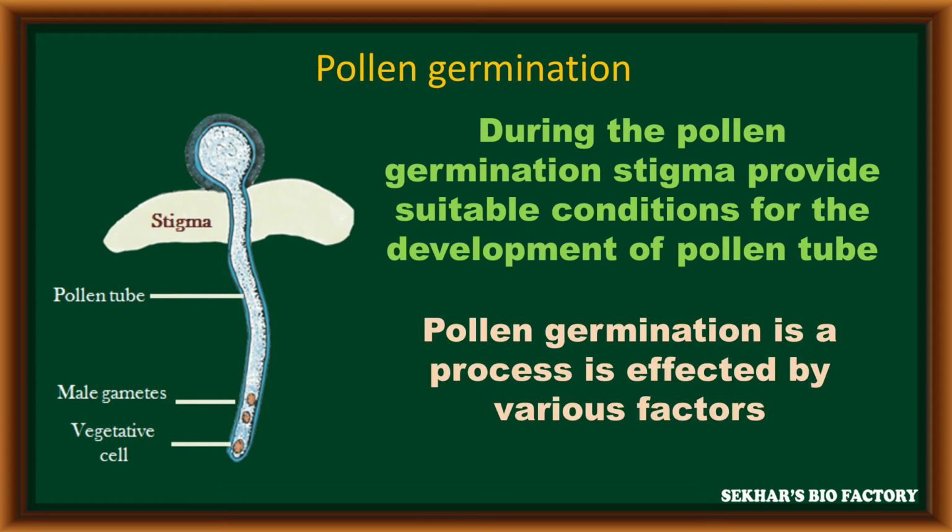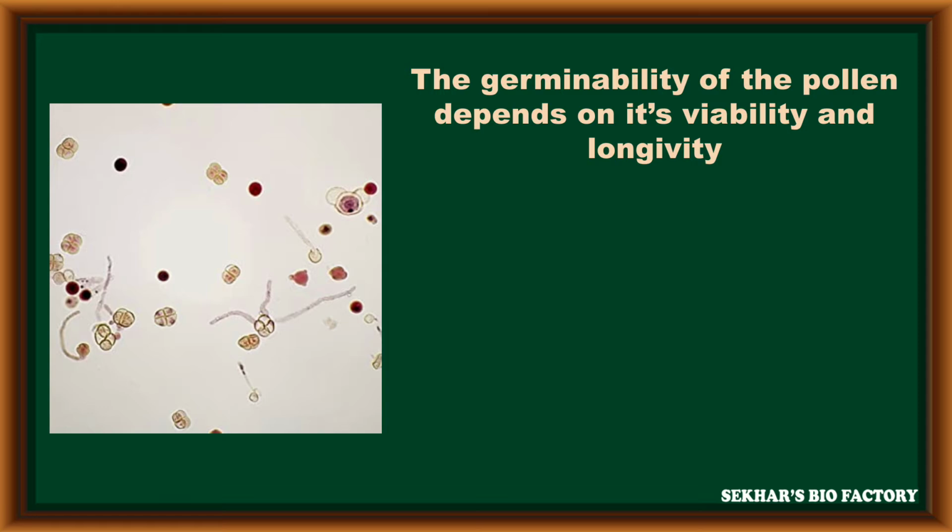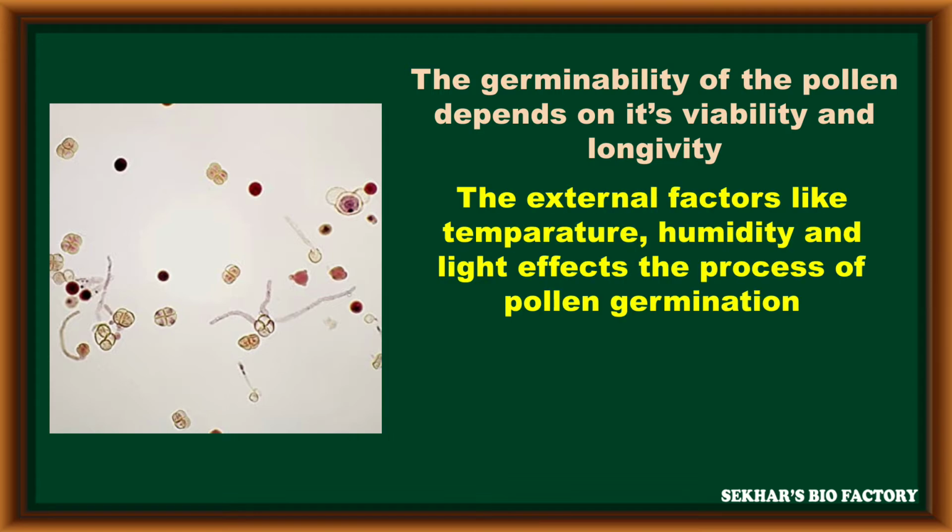Pollen germination is generally affected by various environmental factors. Pollen germinability, viability and longevity play an important role in pollen germination. External factors like temperature, humidity and light generally affect the process.